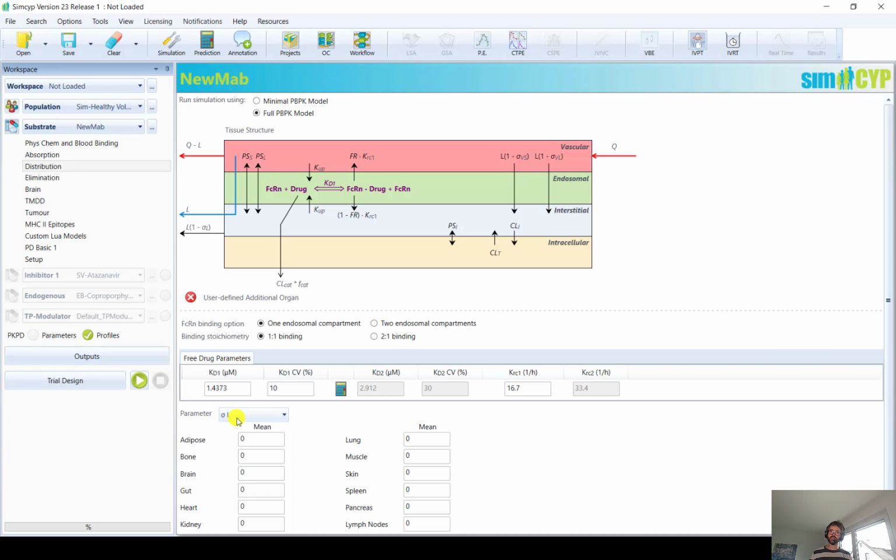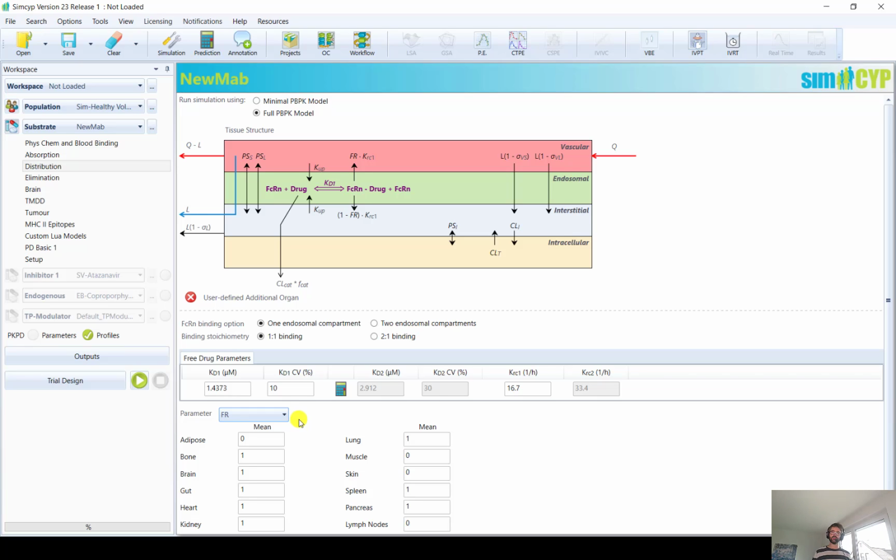If we're moving back to the distribution screen, then what we will see is that we have the parameters of the uptake rate, the endosomal uptake rate, as well as the fraction recycled that determines how much goes vascular versus how much goes to the interstitial space. Again, those values are extremely difficult to measure.